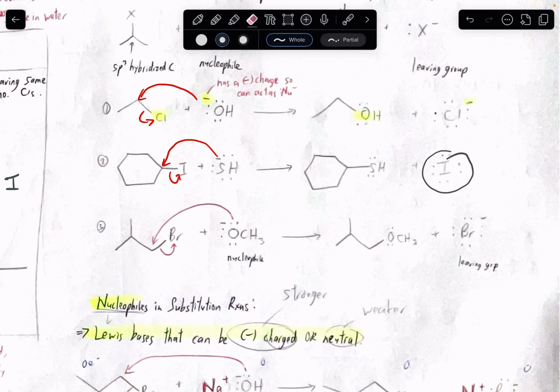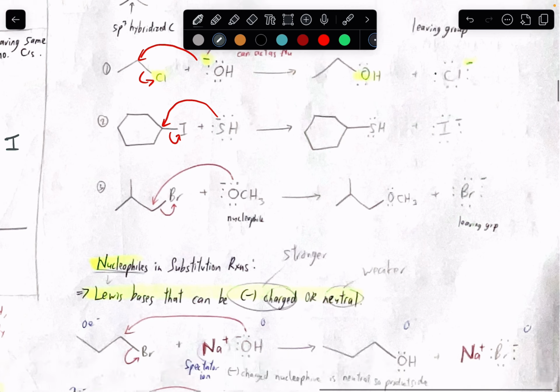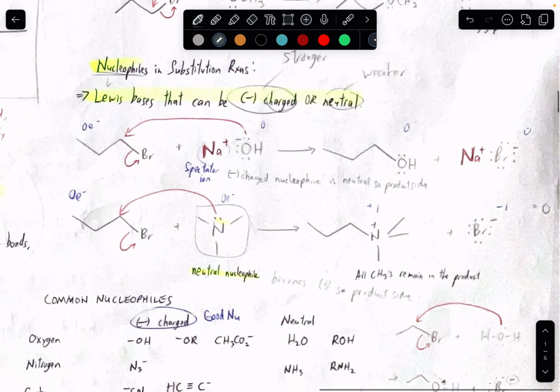You could say the same in the case of iodine, since both of them are halogens in the same group, having the same octet. I'm not sure if that's how you describe it correctly. Here, this is your nucleophile, OCH3, and then your leaving group is the bromine. So it's pretty simple.